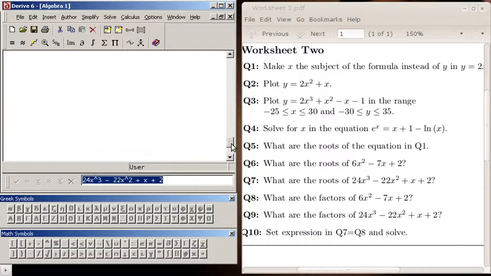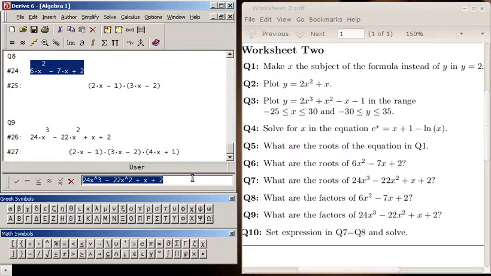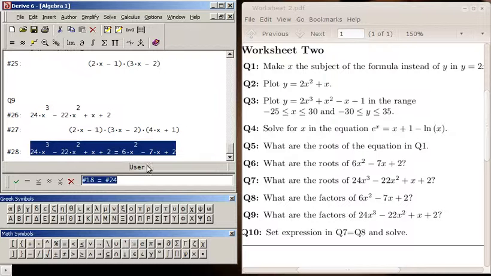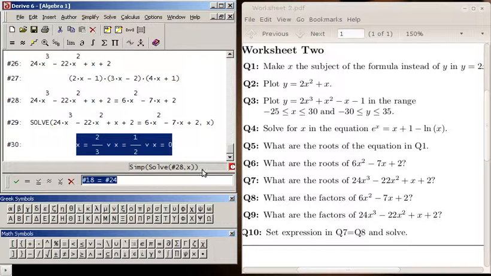And I need to say that's equal to line 24. So I don't have to retype it, I can use my line symbol here to reproduce the line. Solve expression. Let's try for algebra. We get this result.